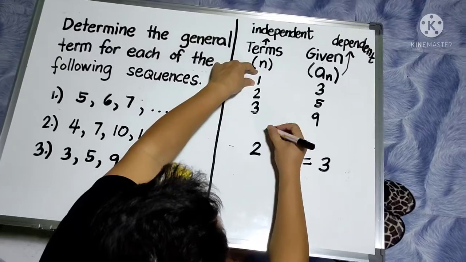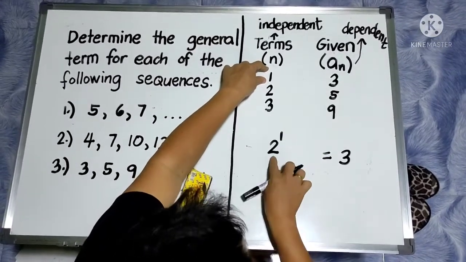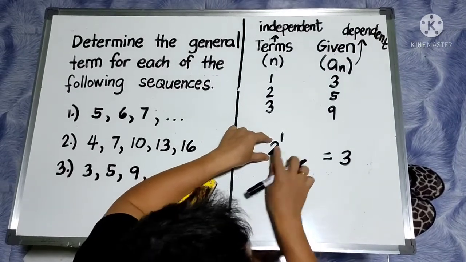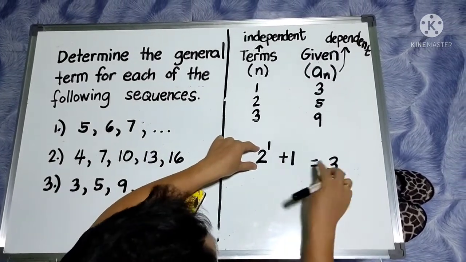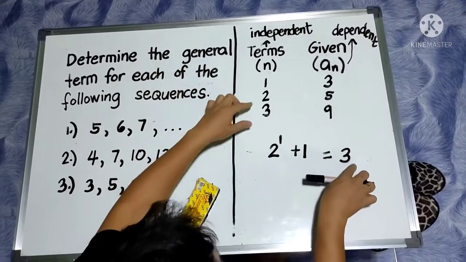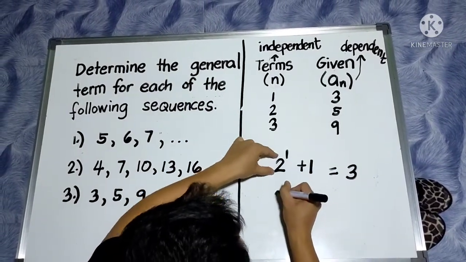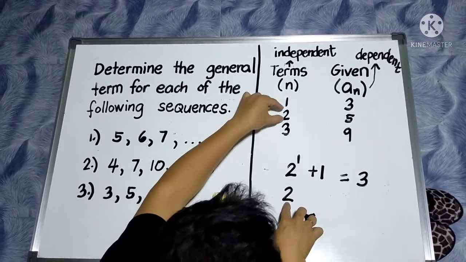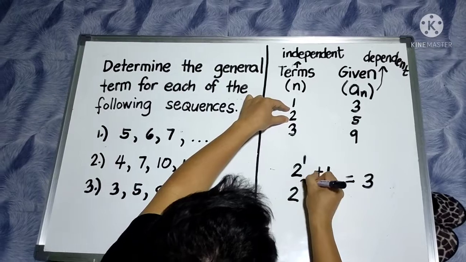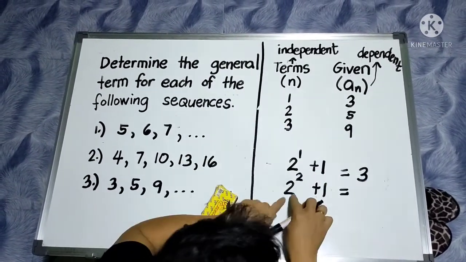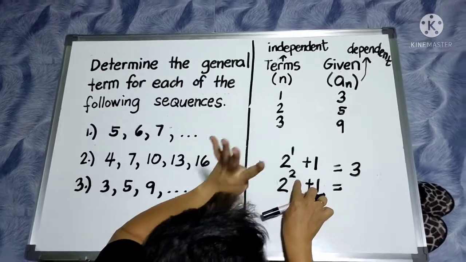So, 2 to the exponent of 1 is 2. So, you will add 1 to get 3. Let us try the second one, second term. 2, you copy this. 2 to the exponent of your n. 2 to the exponent of 2 plus 1 is equal to 2 squared is 4.